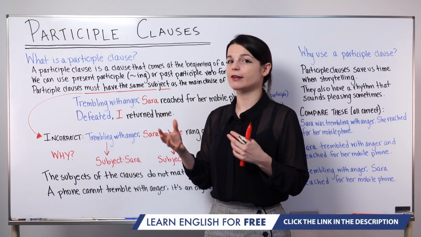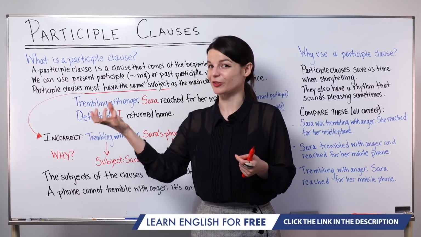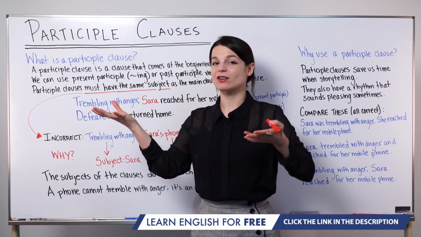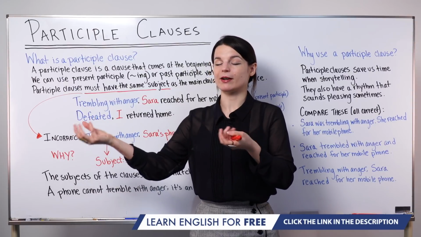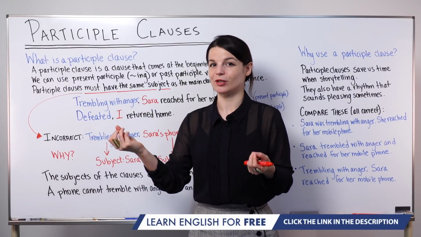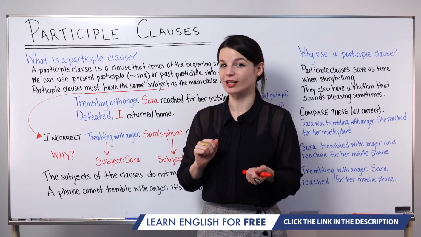So when we see participle clauses, there's this short clause at the beginning of the sentence, and then there's a main clause, the main part of your sentence. This part and this part must have the same subject. So let's look at two examples that use participle clauses.